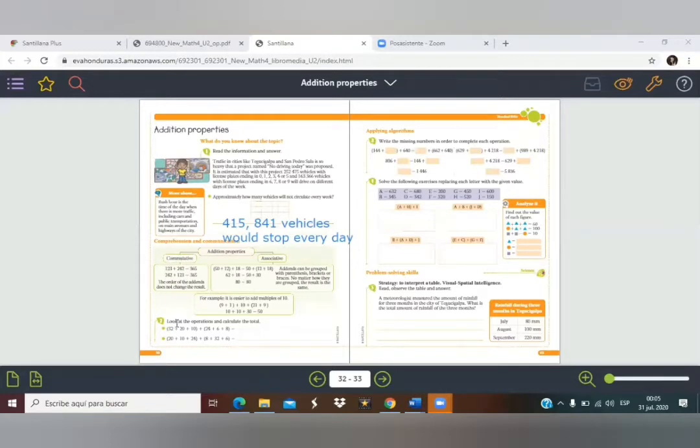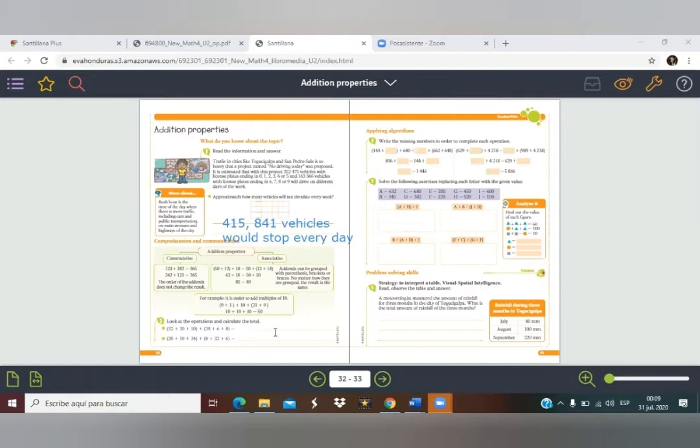Okay, go to page, no, I'm sorry, go to exercise number 2. Exercise number 2 says, look at the operation and calculate the total. As you can see, this is an associative addition. So what are you going to do? You have to add both additions and then write the correct answer.